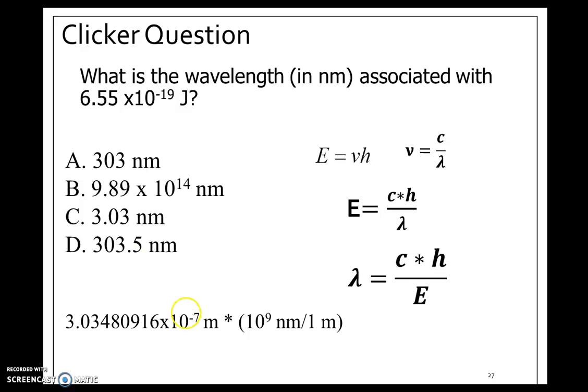So we know from our conversions that you've had memorized that there are 10 to the 9th nanometers in 1 meter. So if we do the math, you should get 303 nanometers with correct sig figs. Okay, because we have 3 sig figs for the speed of light, 4 sig figs for Planck's constant, and 3 sig figs here.